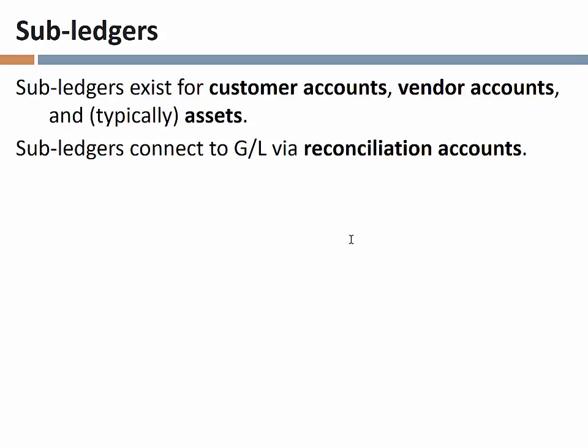Understand, of course, that in a company of some size, I could have hundreds of vendor accounts. I would not want all of the details of all these vendor accounts going into my general ledger. So instead, all of this is captured in a subledger. All of this falls into the category of money that I owe these other companies. Well, in my general ledger, there will be an account with a number that I do not remember offhand for our chart of accounts, and this will be called accounts payable.